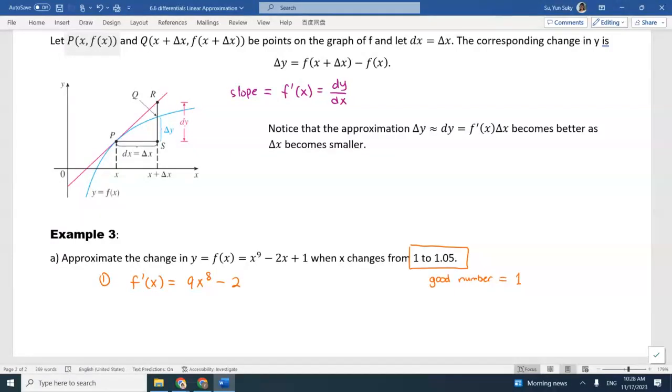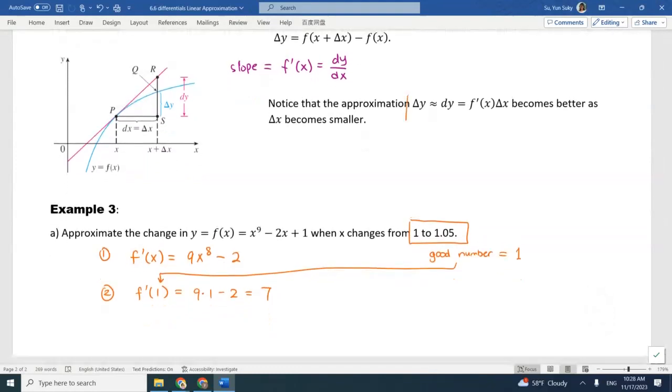Now we plug in the good number. The good number is 1. Right, everybody? What happened when we plug in 1? Joseph? Yeah, 9 times 1 minus 2, which is 7. Yes, that's 7. Good.